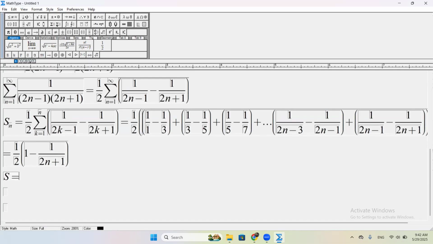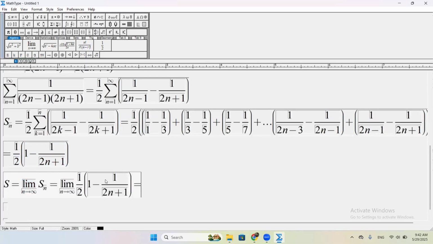And how to calculate the sum of the series? We will have to calculate the limit of this partial sum. And what can we see? That this expression approaches 0, so the sum will be 1 over 2.